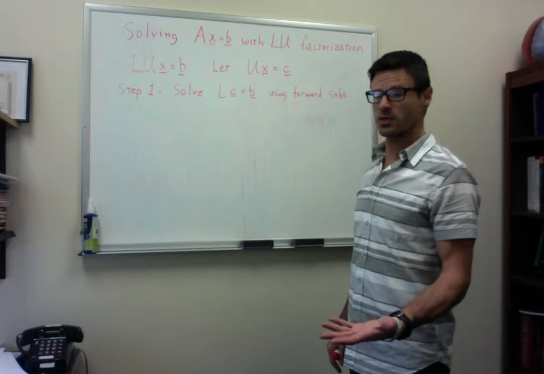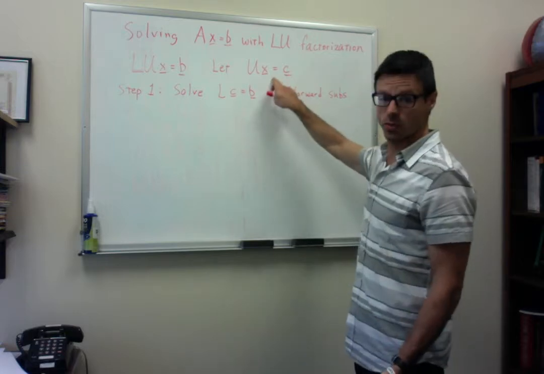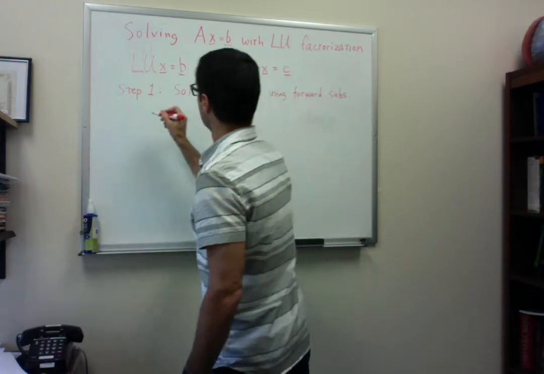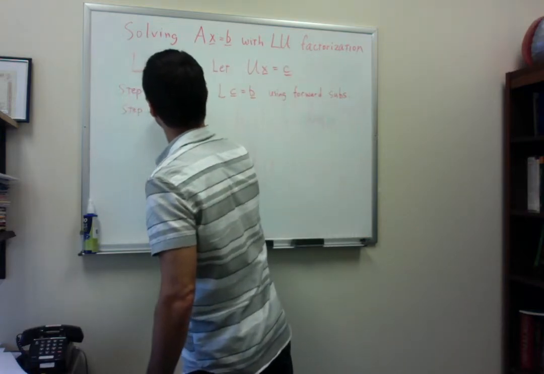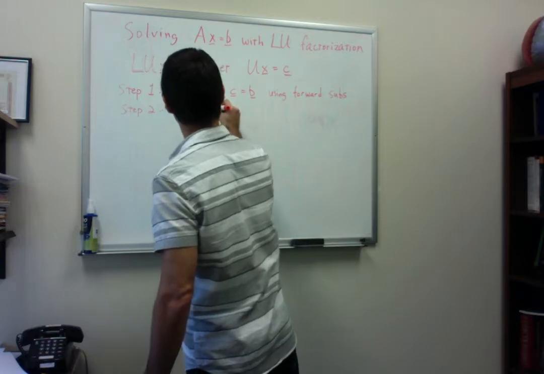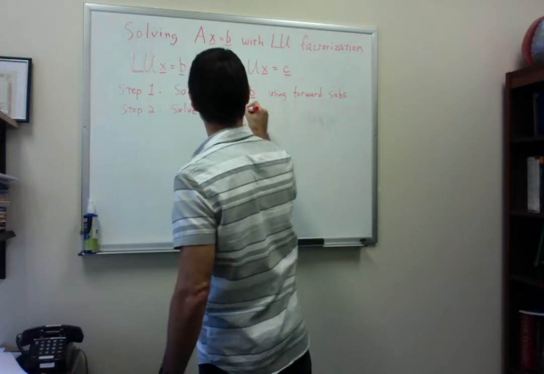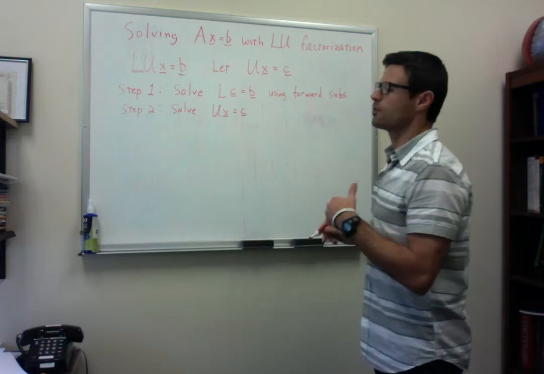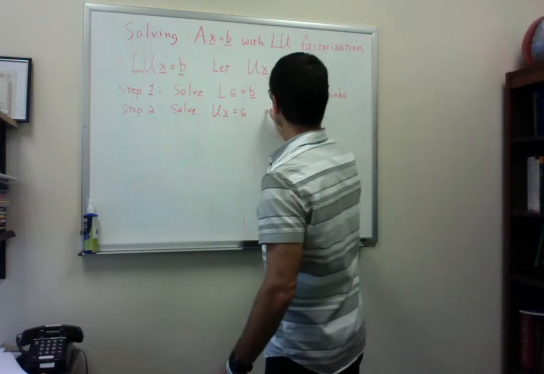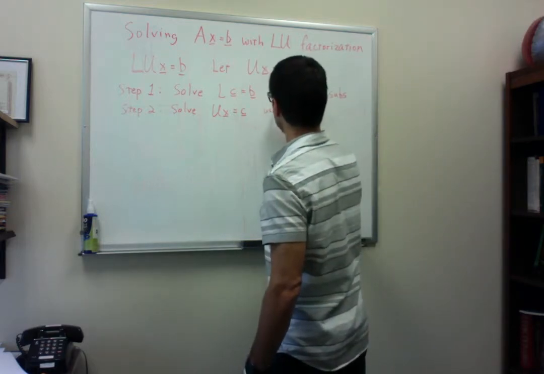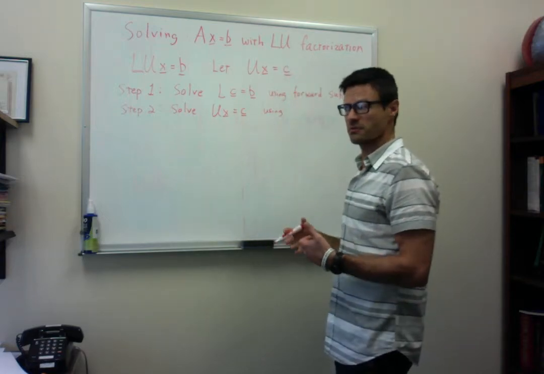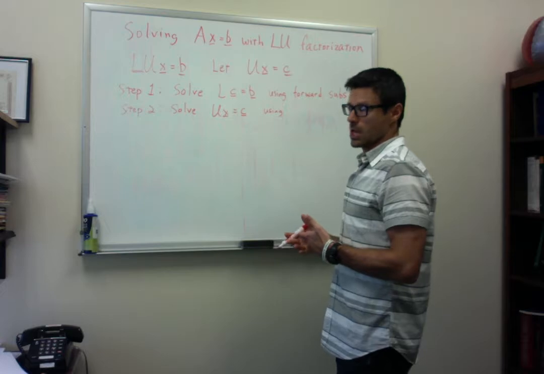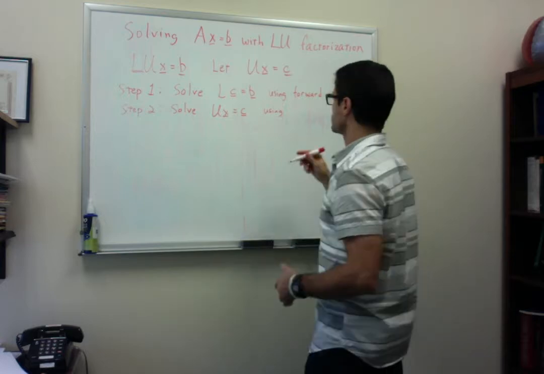And so what we do with that vector c is we solve Ux equals c. We're solving it for x. Now we use back substitution. U is upper triangular, and that's what we've done in the past, is we've taken upper triangular systems and we've solved them using back substitution.